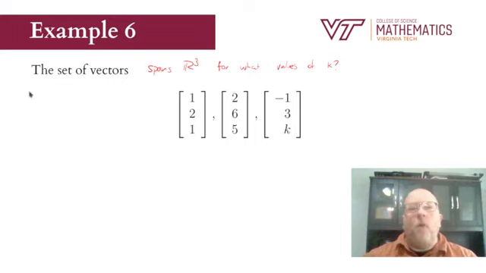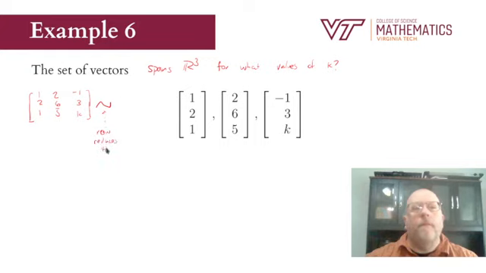So based on what we saw before, we start with 1, 2, 1 in the first column, 2, 6, 5 in the second column, -1, 3, and k in the third column, and then we row reduce. Remember that this symbol here means that it row reduces to whatever matrix.